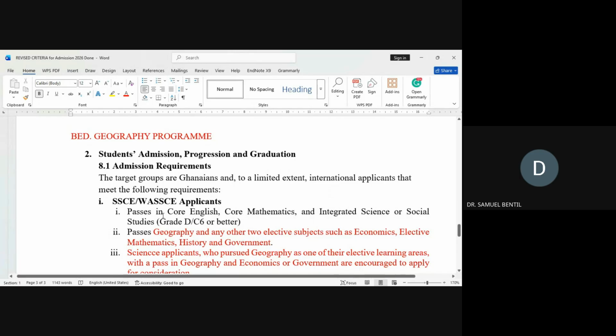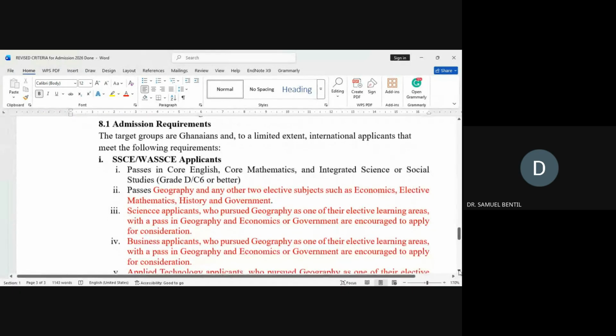So initially we started with the WASSCE and those things here, but now we have to expand it from that. So look at science applicants who pursue geography as one of their elective learning areas with a pass in geography and economics or government are encouraged to apply for consideration.